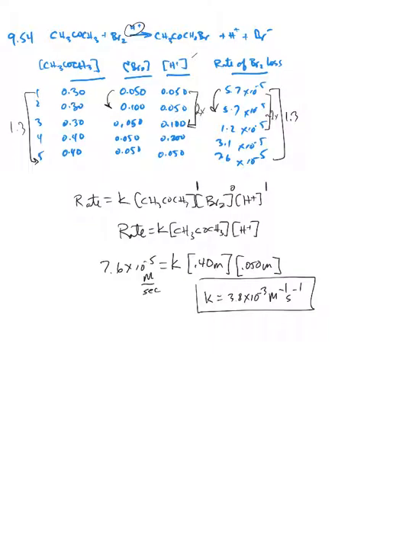I'm also asked to make a comment on the mechanism. Let me reproduce that mechanism here. We've got the ketone reacting with H3O plus, or the proton, in the first step to protonate that ketone.